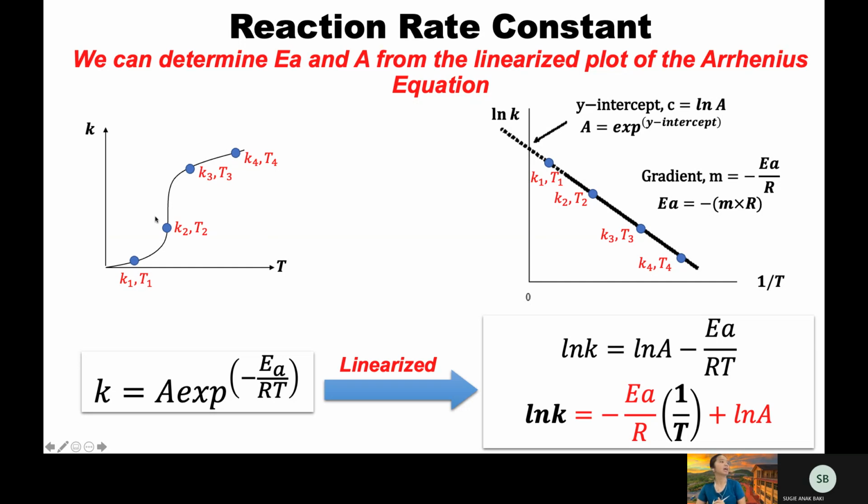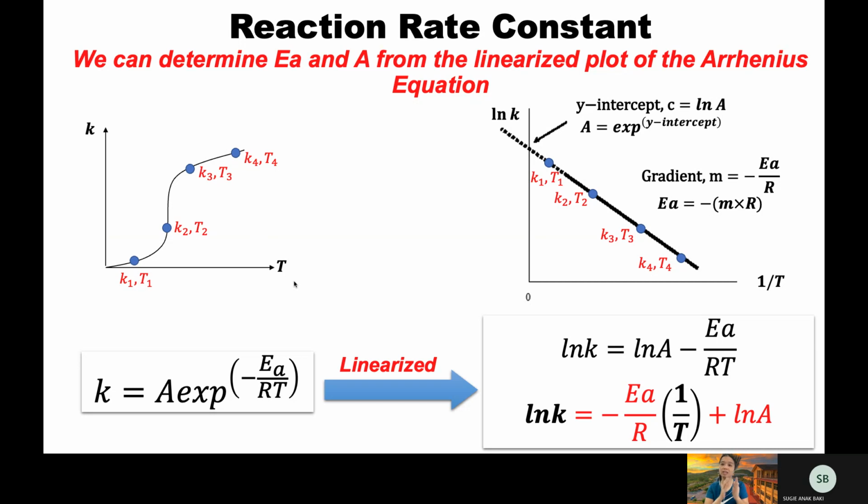Okay, now, kalau you perasan, from the equation, Arrhenius equation yang original, K equals A exponential minus EA per RT. Meaning, katakan you plot K, reaction rate constant versus temperature, you will not get a straight line. You get a plot, but the plot will not be a straight line.